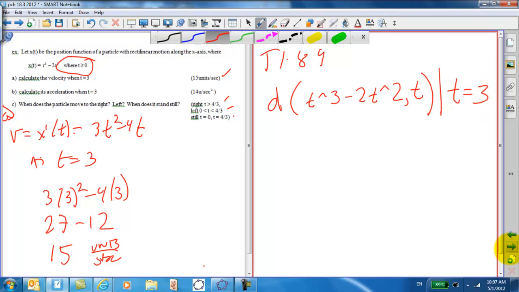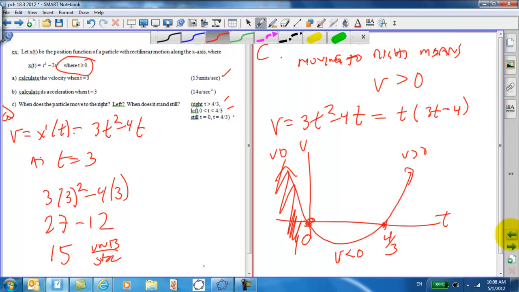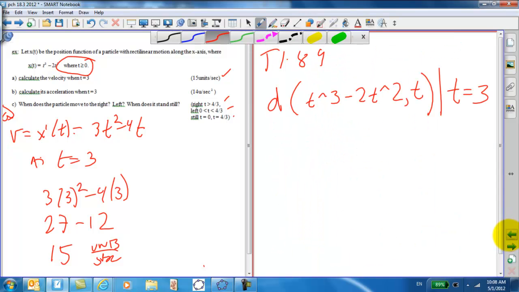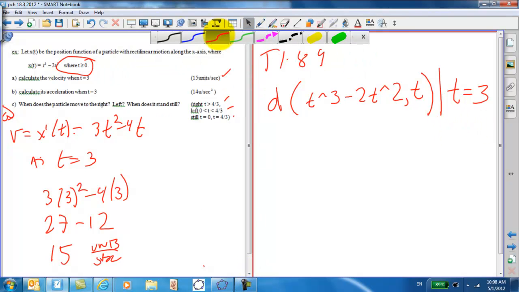That big vertical bar, the with symbol, also becomes handy. That's when you want to find the derivative at a certain point. So with t equals 3. Let's see what the calculator says. Calculator says 15. Check. Now that's part A.